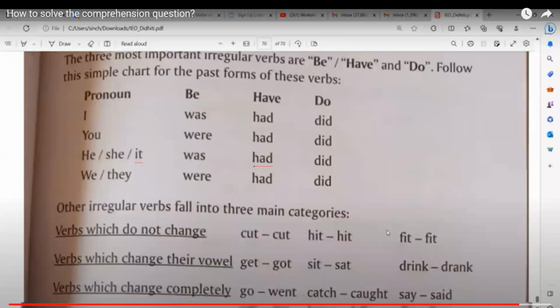Whom is this it referring to? Can Shivam and Rajdeep help me with this? Rajdeep, can you tell me, it had a toy gun, whom is this it referring to?